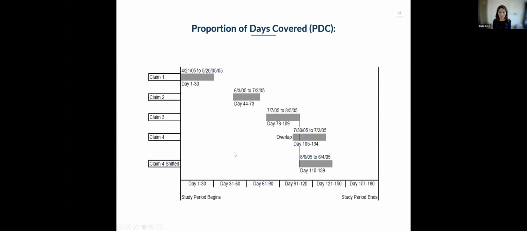If you see this graph, there are some gaps here in the early days, like in late May here. And then, oh, here comes oversupply, right? This was about 30 days or 28 days of supply. And then this beneficiary came back early, so there is some left over here.